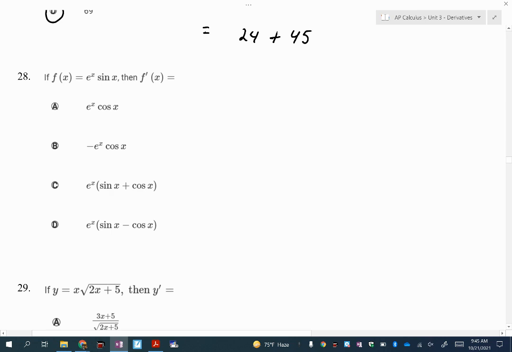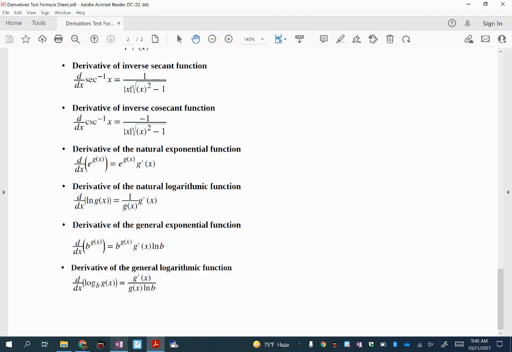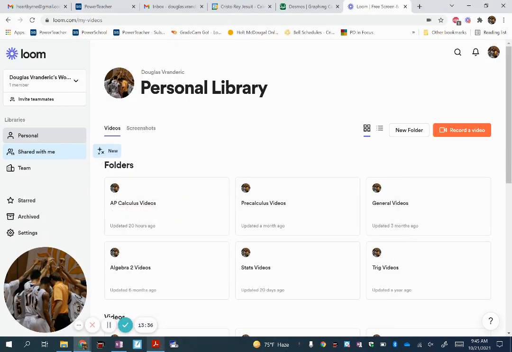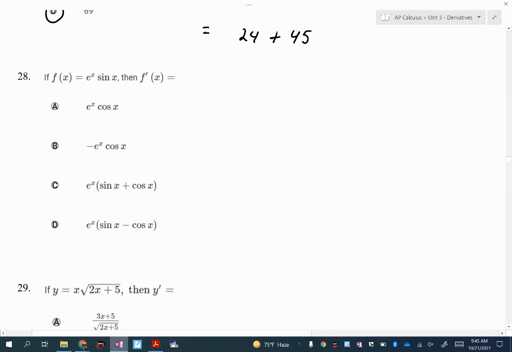28 is another one where you'll have to use the derivative of your natural exponential function, right, which we talked about a few problems ago. So that means this is a product rule, so I have d dx of e to the power of x times the sine of x plus d dx of sine of x times e to the power of x.